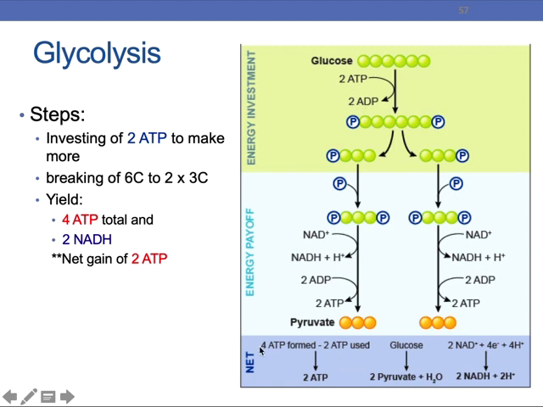And so if we take away the 2 that we used at the beginning, you end up with a net of 2 ATP. So glycolysis produces a net of 2 ATP. Glycolysis produces 2 pyruvic acid or pyruvate. It produces water as well. And then it produces 2 NADH, 1 from each half.